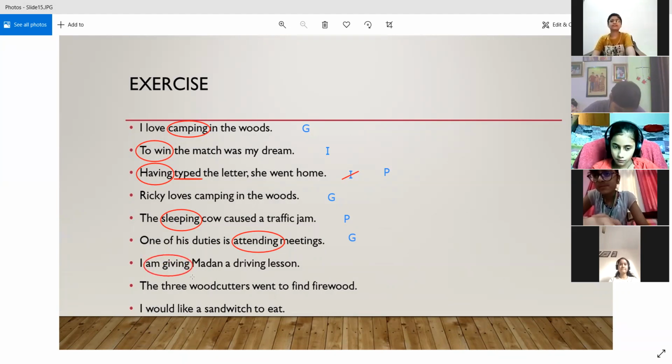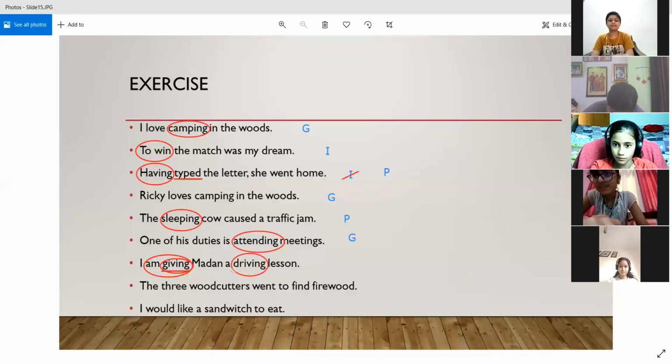Remember when I explained to you that the participle part is only the ing part and the remaining part is the helping verb part? Do you remember the auxiliary verb part? So am is the auxiliary verb, and giving is the participle part. So what kind of lesson?